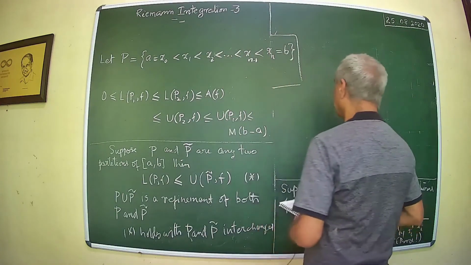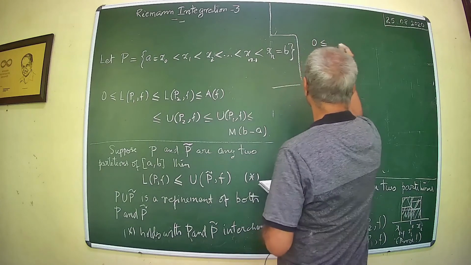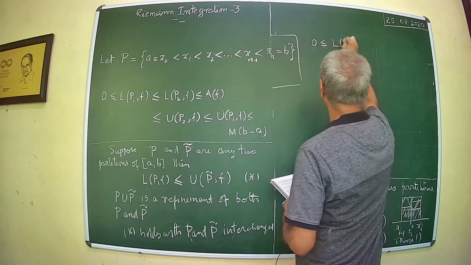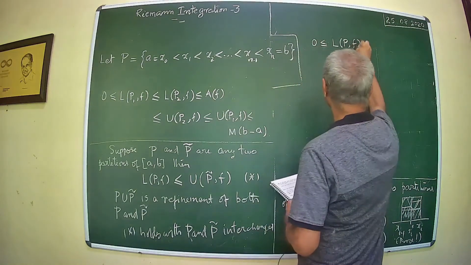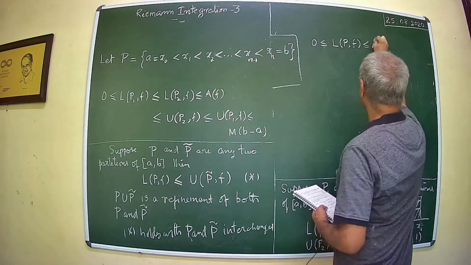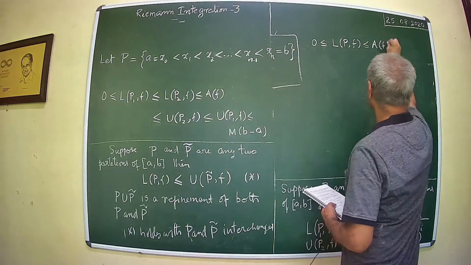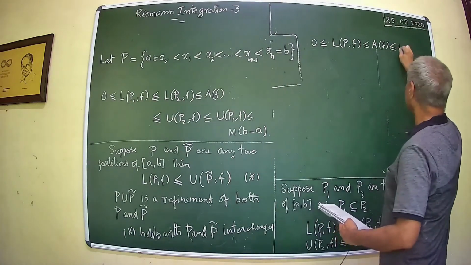For arbitrary partitions, we have 0 less than or equal to L(P,F), which is less than or equal to the area of F, less than or equal to U(P,F).